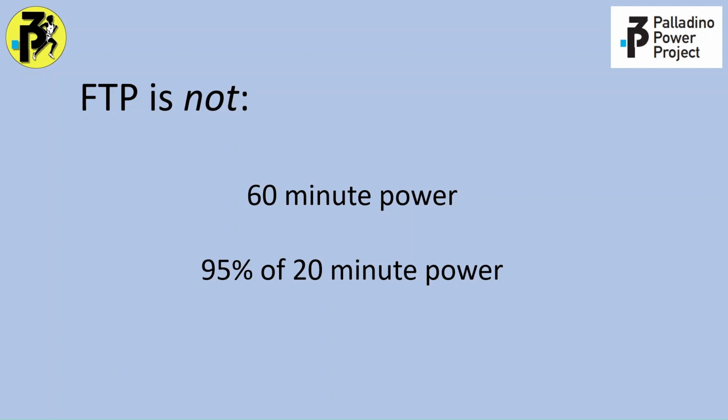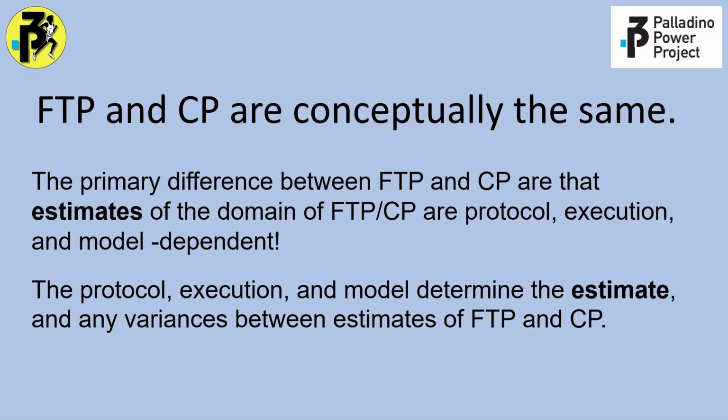Now, I will also point out here that in Dr. Coggan's 2003 paper where he first presented this concept, he mentioned critical power model and critical power testing as a good method for identifying what functional threshold power is. So FTP and CP are conceptually the same.